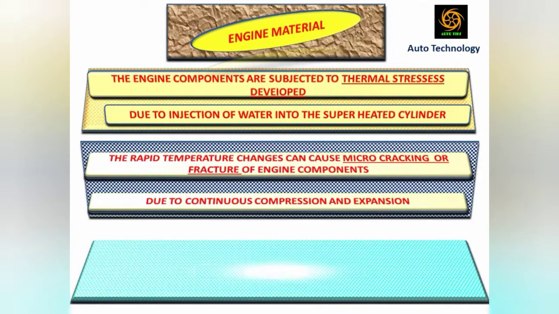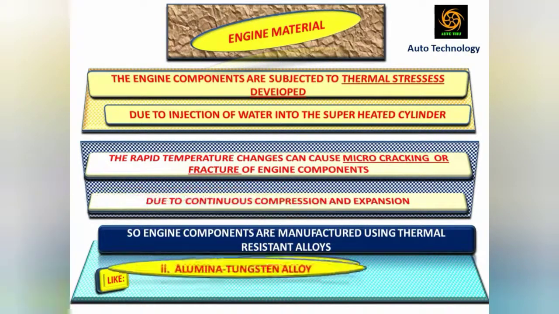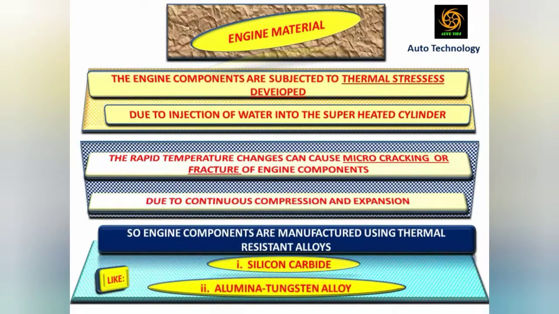So engine components are manufactured using thermal resistant alloys like silicon carbide and also alumina tungsten alloy. For this reason, the six-stroke engine manufacturing cost is increased.